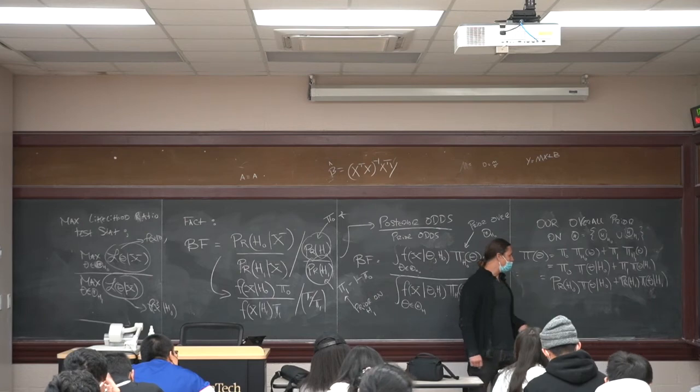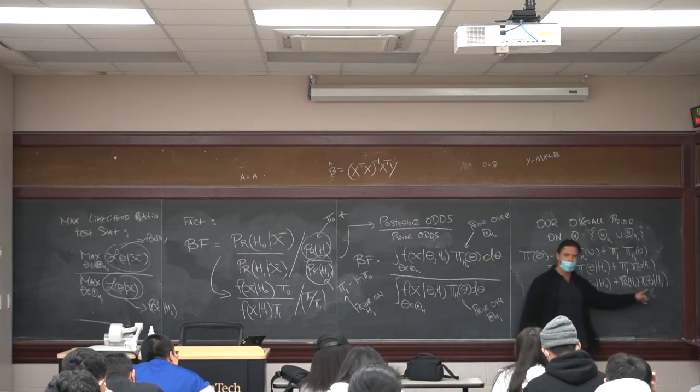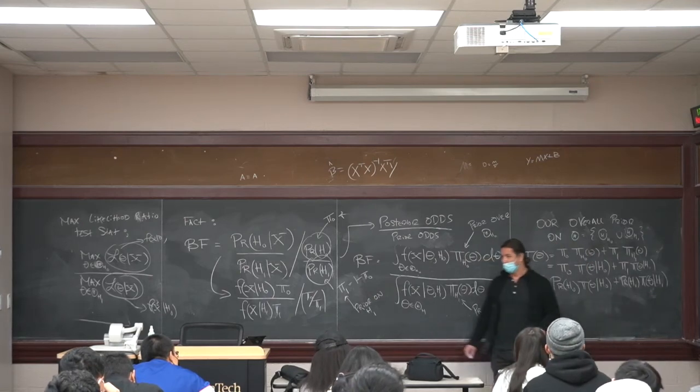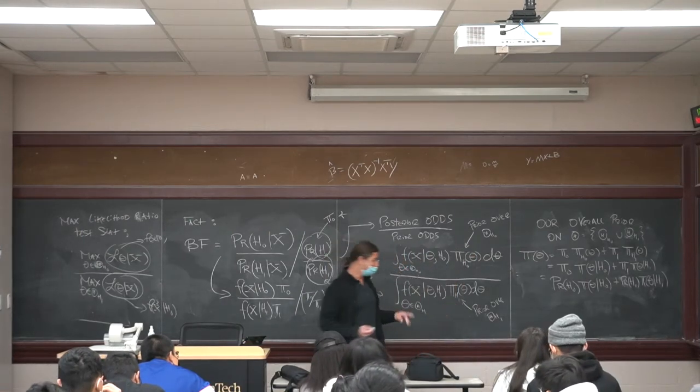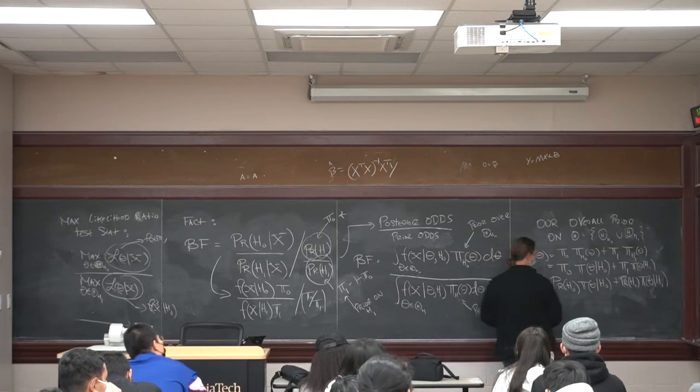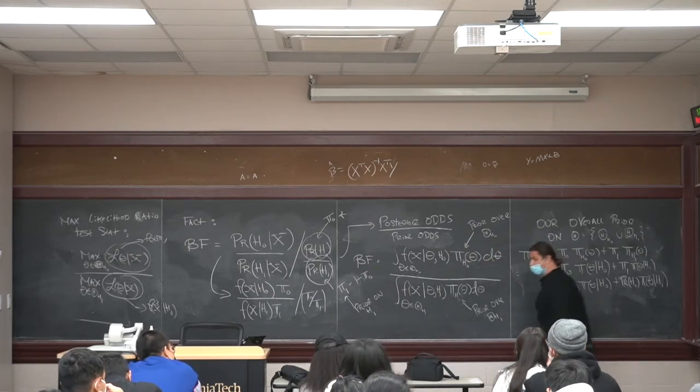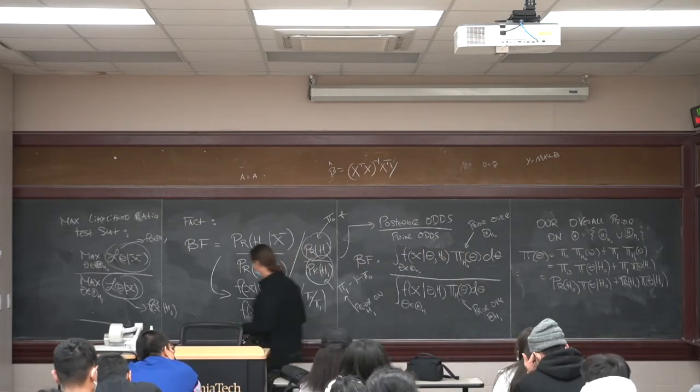If this is going to be proper, these have to be proper as well, and they have to integrate to 1. And so if I'm going to make this comparison, we're going to need this to be true. So I'll just make a big note. This is huge. Pay attention. Don't forget this.